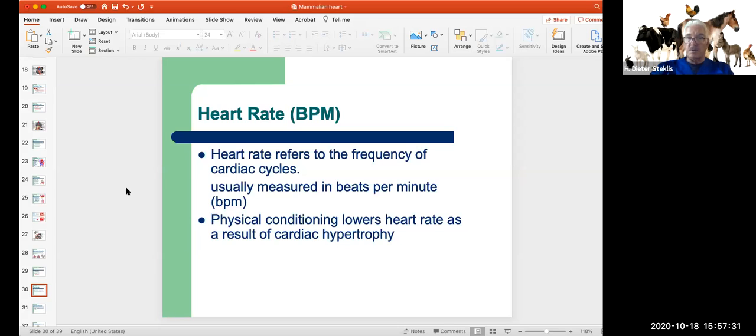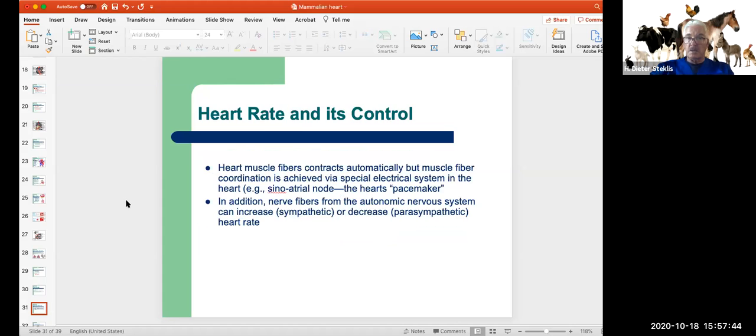Physical conditioning, for example, can change the heart rate. The heart responds to exercise, the heart muscle grows in size, and when the heart grows in size, the heartbeat becomes slower. As I might have mentioned, heart muscle contracts automatically, but you don't want all these muscle fibers in the heart contracting independently. You need a way of getting coordinated muscular contraction. And so you have built into the heart a special electrical system.